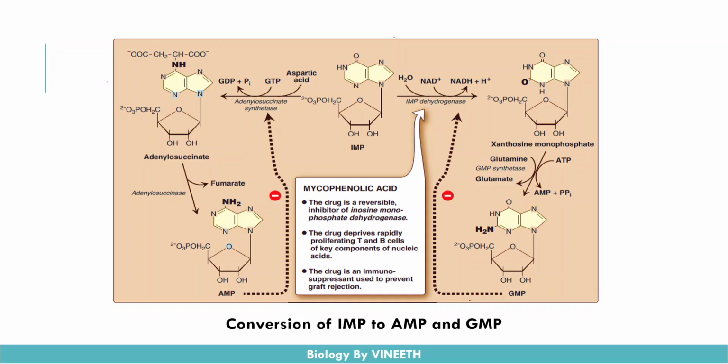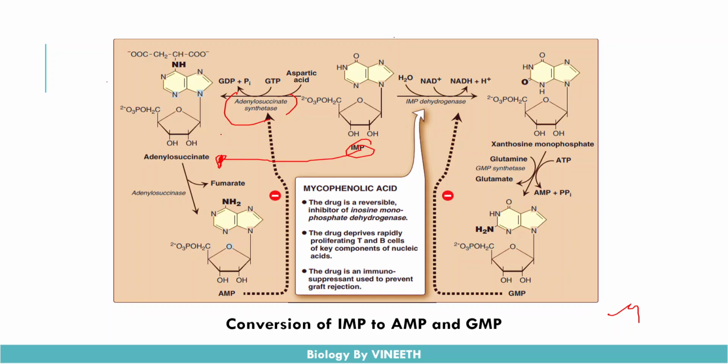So this IMP, in the presence of adenylosuccinate synthetase, which utilizes a GTP molecule instead of ATP, and also the amino acid aspartate, which donates an amino group to this IMP, gets converted into the adenylosuccinate molecule. So the adenylosuccinate synthetase converts the IMP to adenylosuccinate initially, by utilizing GTP and aspartic acid.